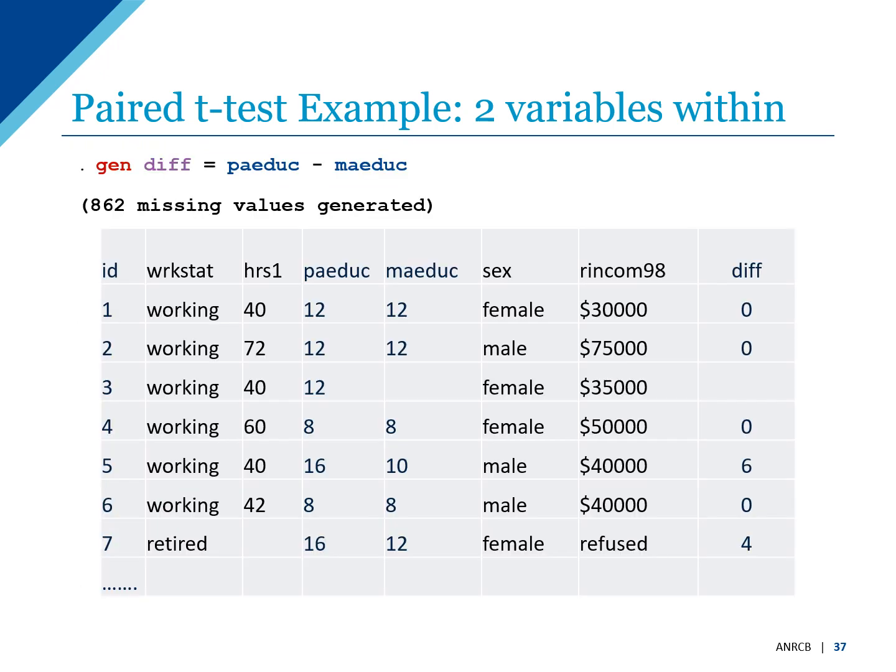Another way to perform a paired t-test in Stata is to generate a difference variable called diff here that is equal to the difference between fathers and mothers' education for each participant. For example, the difference between fathers and mothers' education for the individual with ID number 5 is 16 minus 10, which gives us a value of 6 for diff.